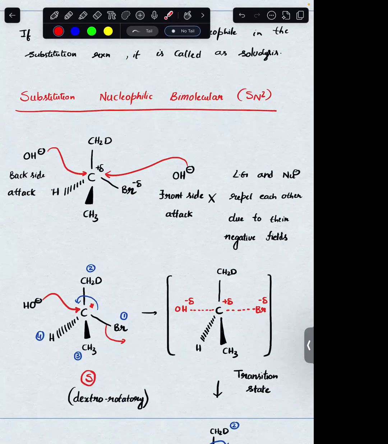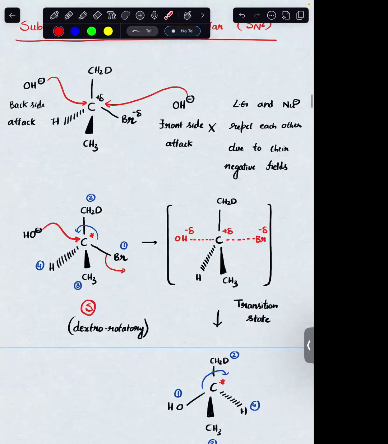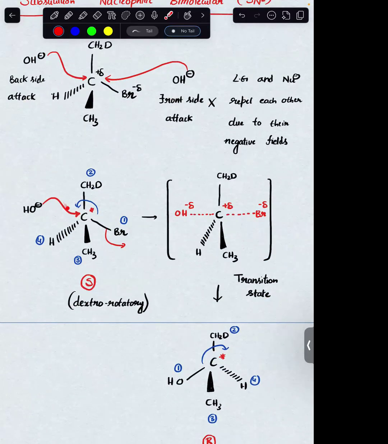Everyone, first understand that this OH minus has to have a backside attack. Front side attack is not possible because of the repulsive forces between outgoing leaving group and the incoming nucleophile. Whenever you are having the backside attack, there will be a time when this group and this group, which is CH2D, hydrogen, and CH3, are going to be arranged like a trigonal planar geometry.